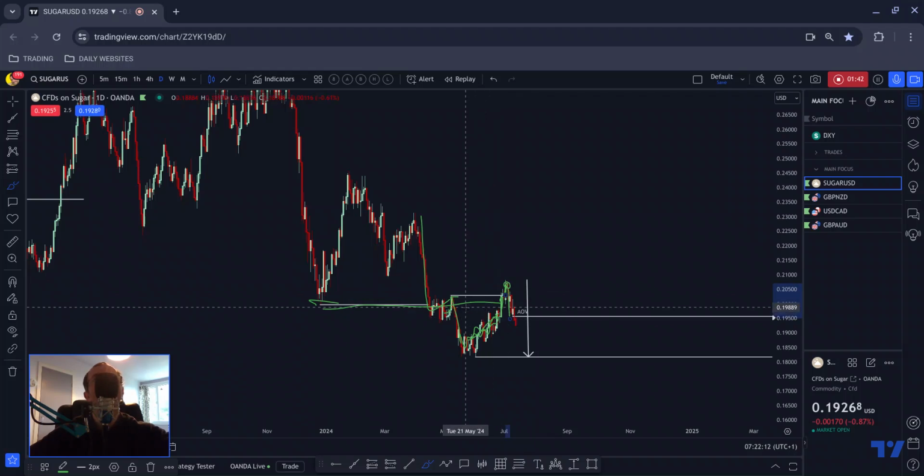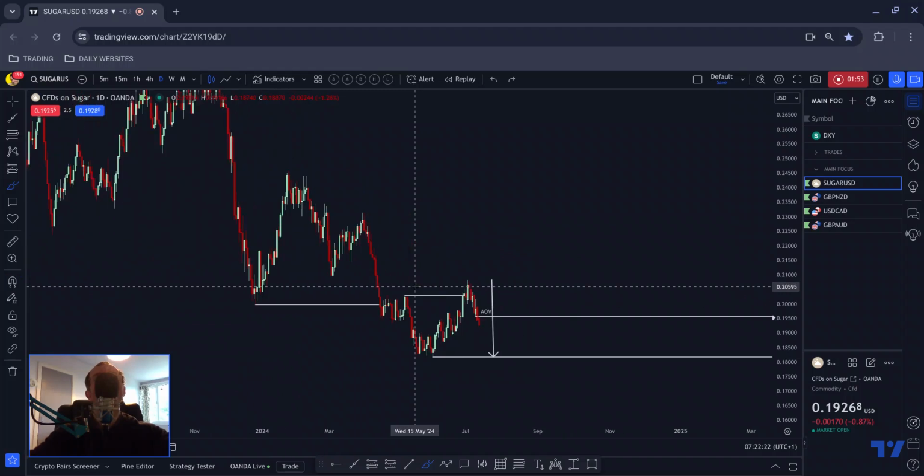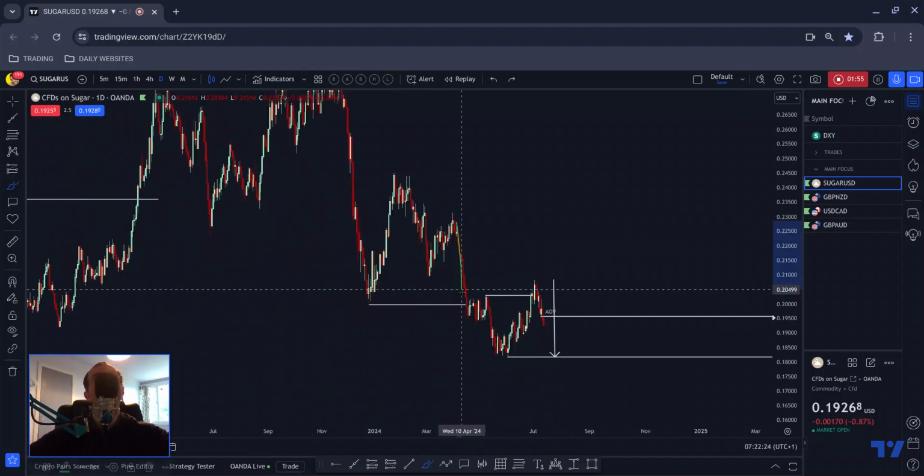Okay, and one of the clues for me was this scoop here. When we get a big scoop like that, that's often a clue that we're moving to the downside. And the other one is that we'd come from an impulse, and we'd broken below here and corrected.